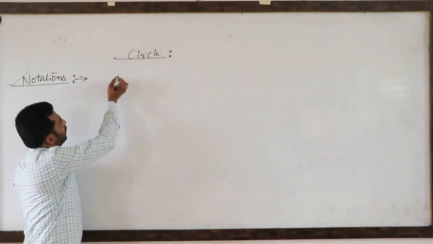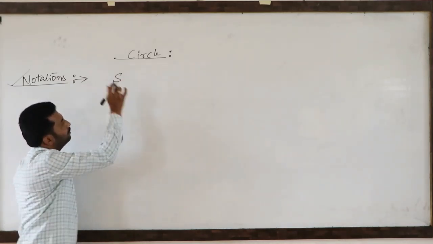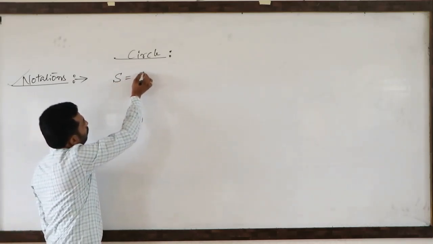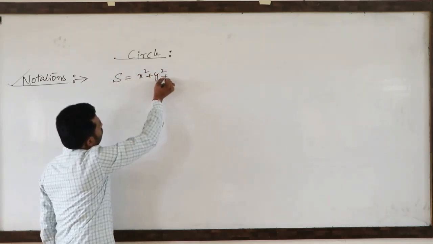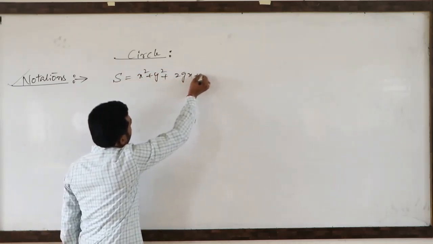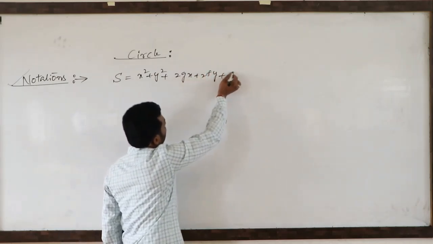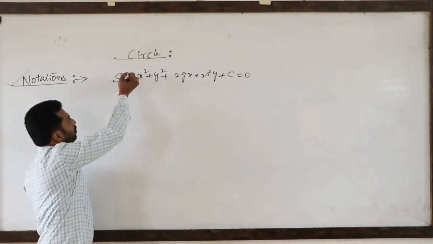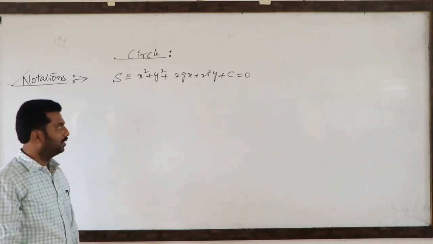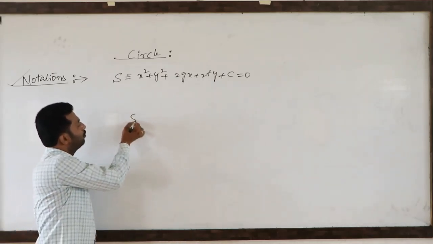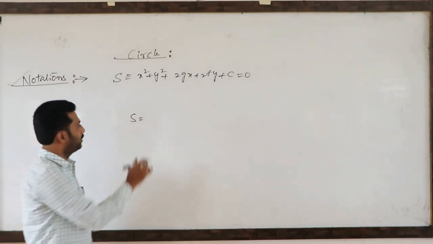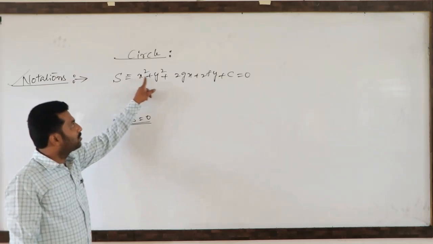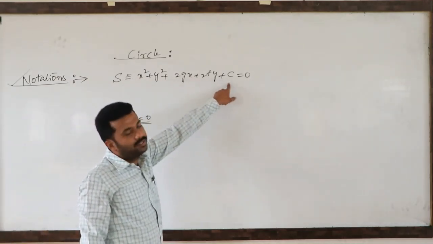Here onwards, a circle we represent by S. S is equal to x square plus y square plus 2gx plus 2fy plus c equal to 0.